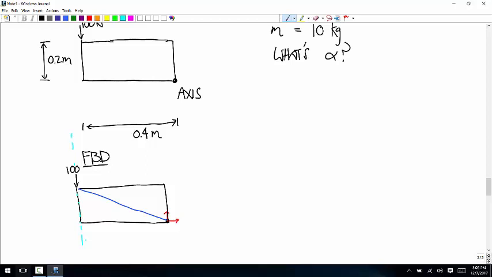You can think of it this way. You can move this force along here, and imagine that this blue line just keeps moving with the tip of this vector as you move it around. And right here, that force is perpendicular to the line between them. If you can do it in your head, that's perfectly fine with me. So we'll take this force and move it down to here.